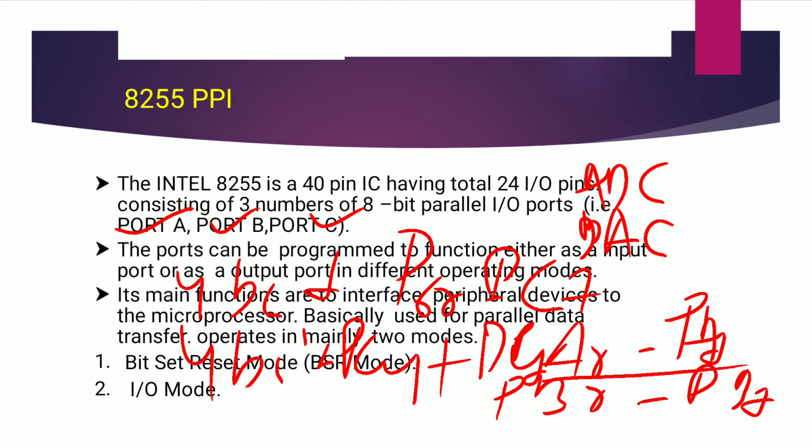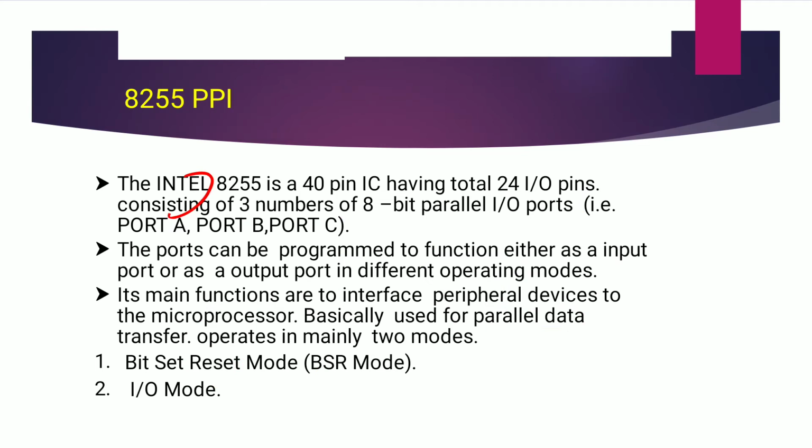The 40-pin IC is subdivided into 4 parts. 24 pins are used for the I/O peripheral devices. The other 8 pins are used as data lines for taking the data and sending it to memory.